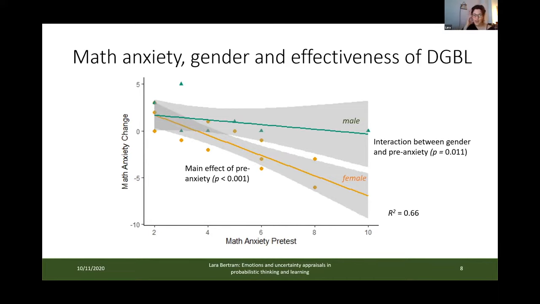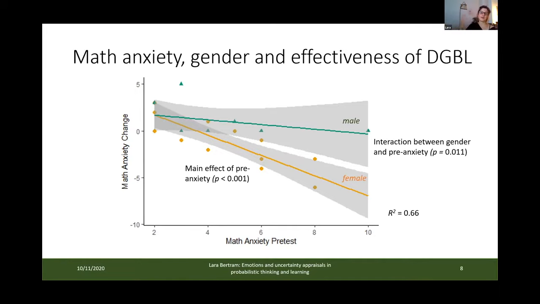But I looked at the change in motivation and emotions, and I find this very interesting effect of, so students decrease in anxiety through gameplay. So before playing the game, they're more anxious than after playing the game.